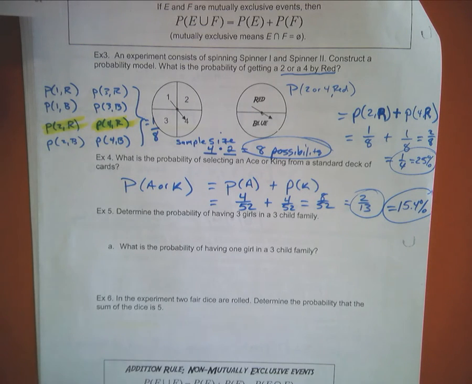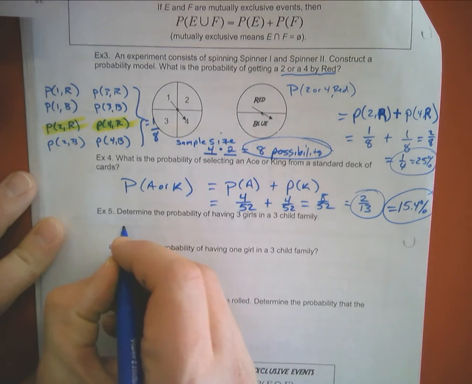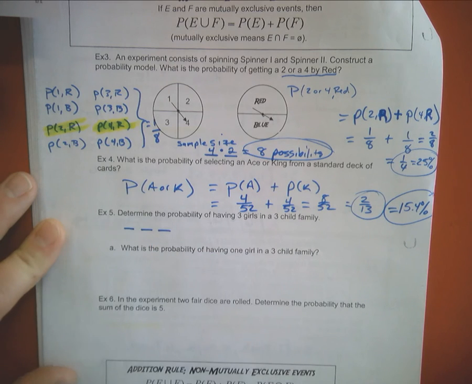All right, we will talk about what not mutually exclusive is, and I think cards is the best example of that. Well, let's move on to number 5 and 6. Example 5 says determine the probability of having 3 girls in a 3-child family. So the first thing I'd want to know is sample size, right? In a 3-child family, I have a choice for the first child, the second, and the third.